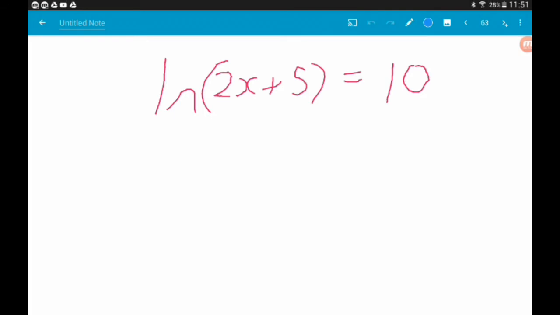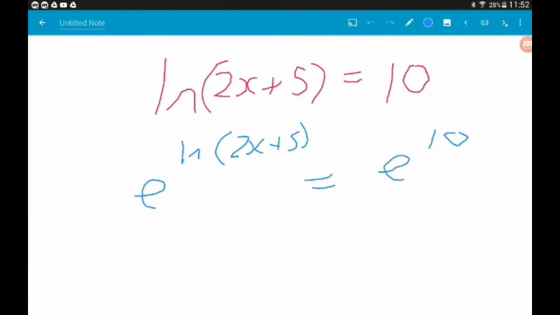Okay, let's have a look at doing one then with a natural logarithm. So remember again, ln just means log with a base of e. So if we've got ln of 2x plus 5 equals 10, to cancel out the log, we need to raise both sides as a power of e. So we would get e to the power ln of 2x plus 5 is equal to e to the power 10.